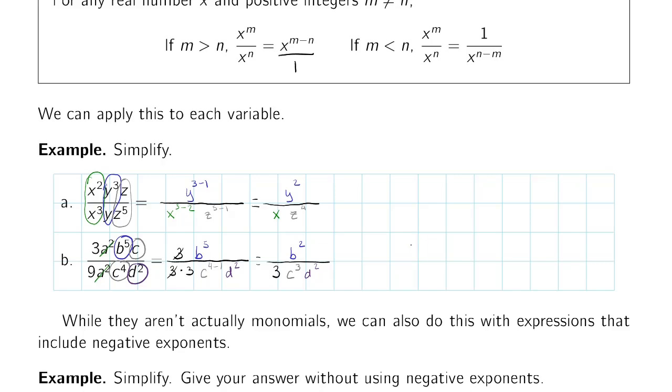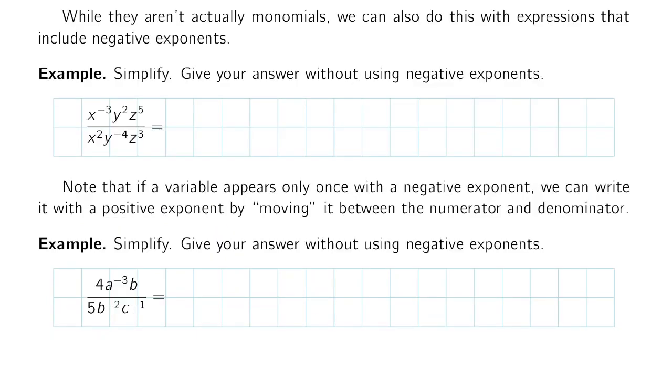Now, we can do the same thing when we have negative powers of our variables. They aren't strictly monomials, but we're going to mention this here, because even though these aren't actually monomials, it's the exact same technique. So here I have x to the negative 3, y squared, z to the fifth, over x squared y to the negative 4 z cubed.